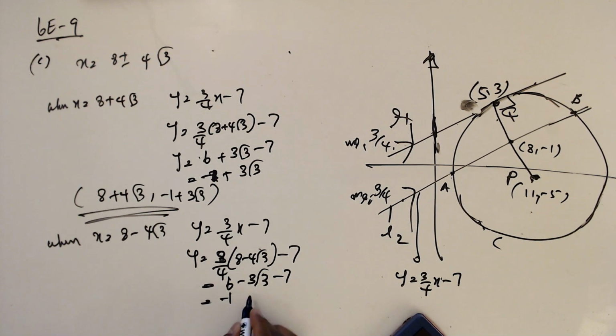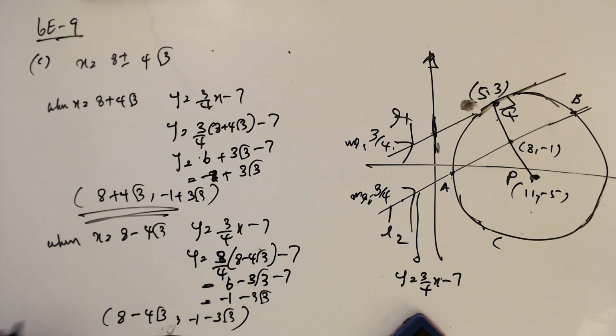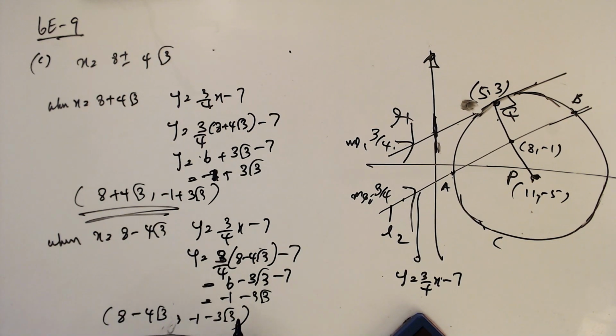So this is minus 1 minus 3 square root 3. So the point is going to be (8 minus 4 square root 3, minus 1 minus 3 square root 3). Now which one is A and which one is B?